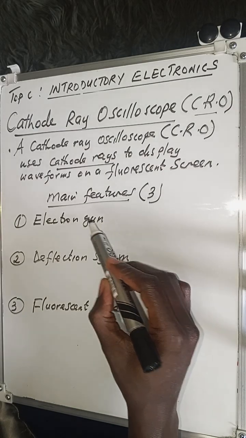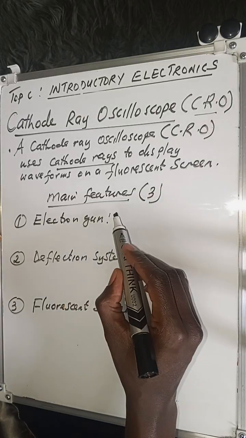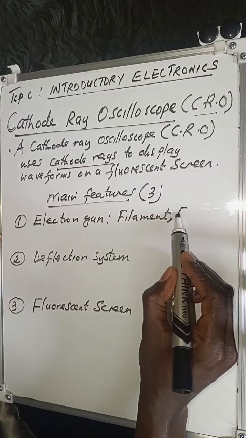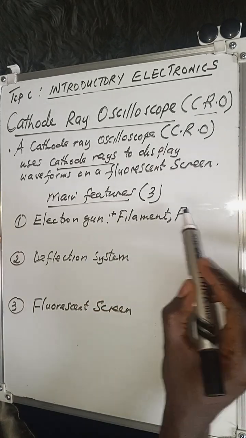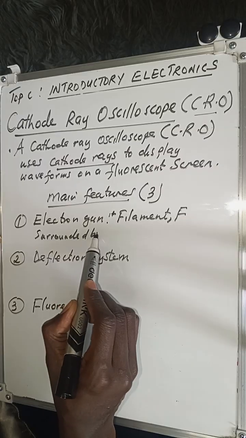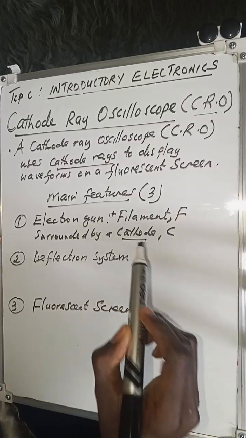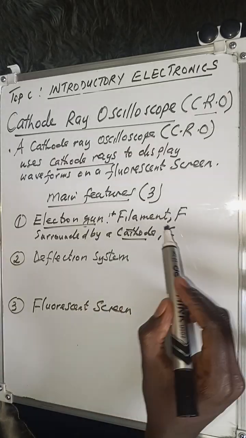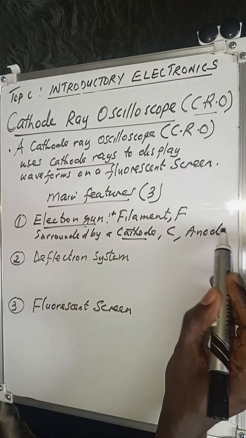Now, what exactly does the electron gun contain? The electron gun consists of a filament, which in my diagram I've labeled F, and that filament is surrounded by a cathode, which we label C. Apart from that, it also consists of anodes.